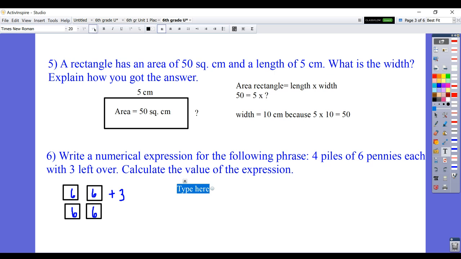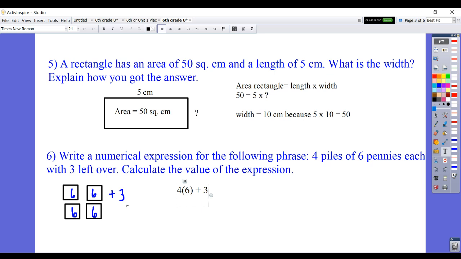But the numerical expression then is just an expression that has just numbers and mathematical operations. So 4 piles of 6 pennies each would be figured out to be 4 times 6. Okay, 4 times 6 plus the 3.